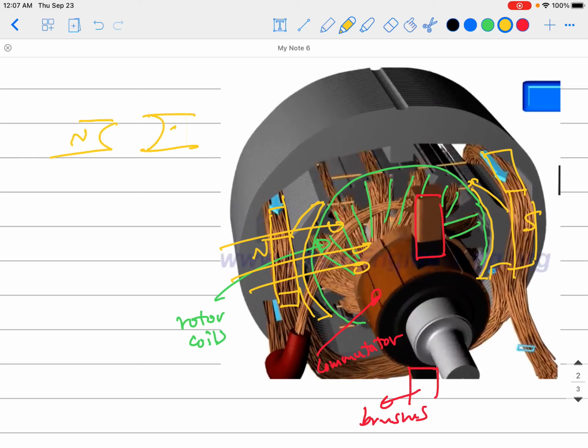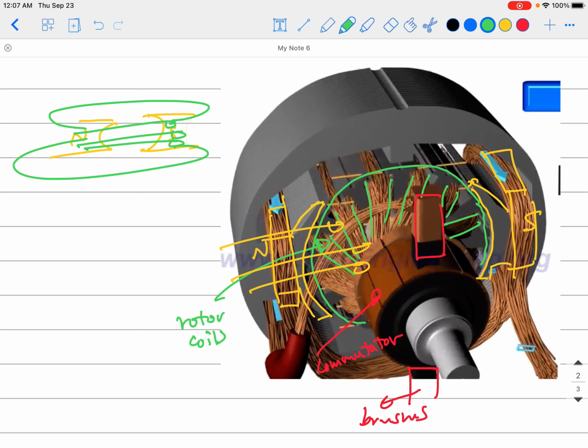The whole point now is that we have just plotted these poles like that, that is north, that's south. But in real life, we don't have poles like this, because the magnetic field goes from north to south and has to be in a complete path. So these magnetic field lines will try to go back like this. We talked about this multiple times, that magnetic fields like to pass more through magnetic materials, the iron or the steel.